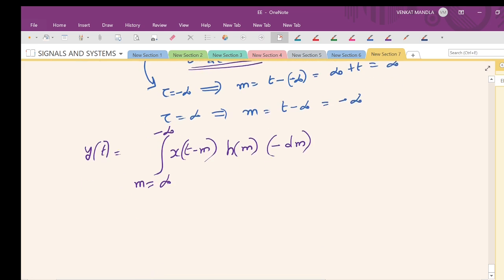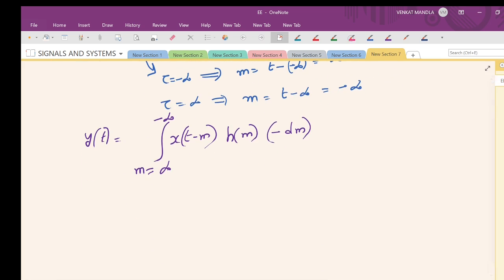Now the limits are plus infinity to minus infinity. Here I have a minus, so you can write the integral from m equals minus infinity to plus infinity of x of t minus m h of m dm.